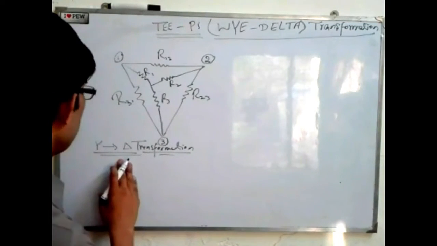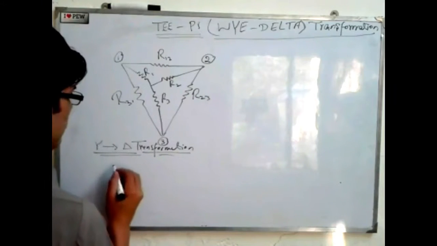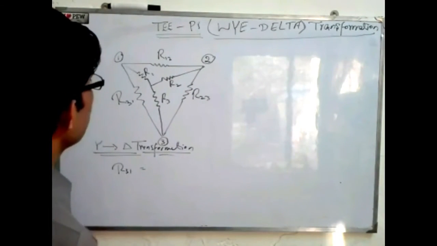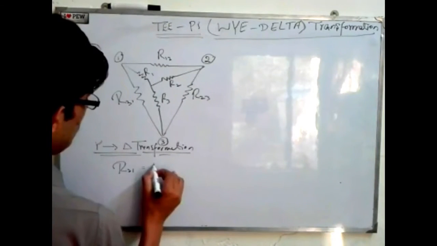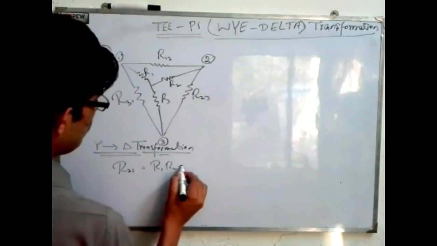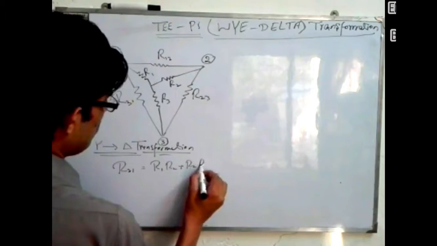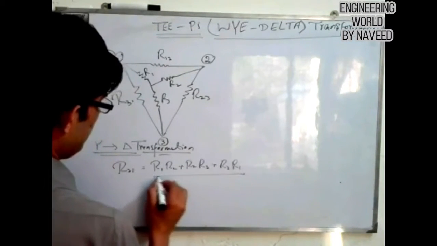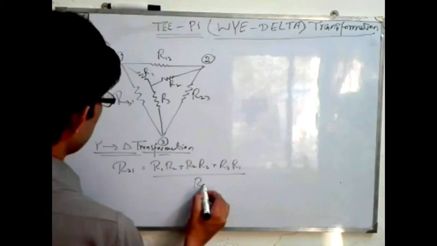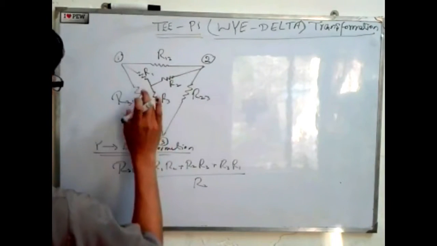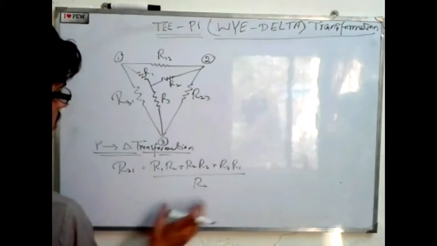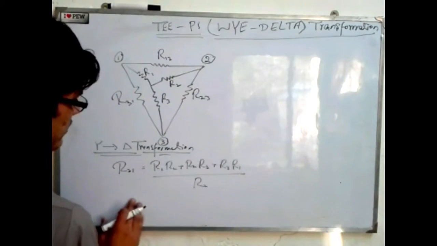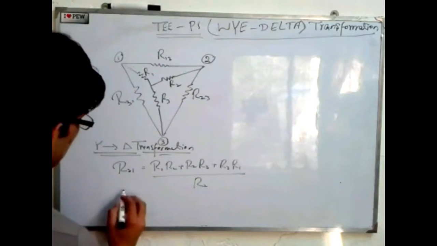So R31 will be equal to R1 R2 plus R2 R3 plus R3 R1 divided by R2, because R2 is perpendicular to R31. So that's why I put that resistance here and the sum of all the other resistances.